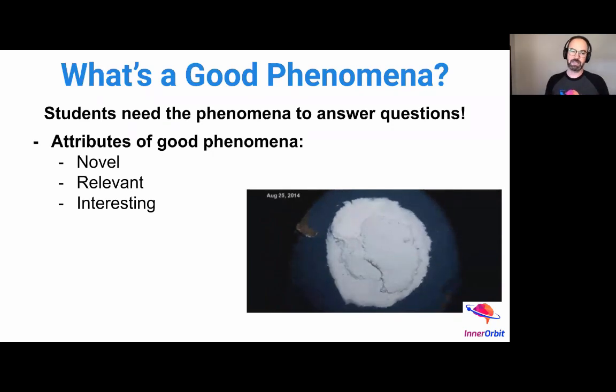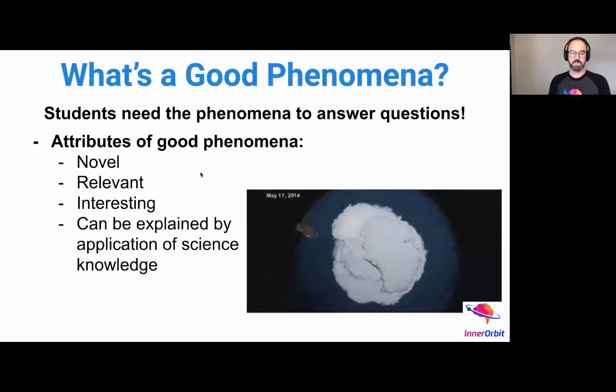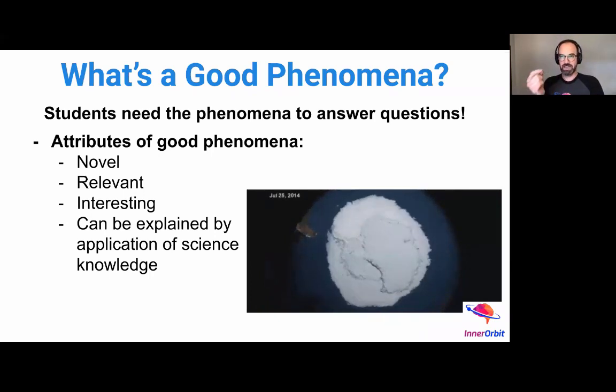It can be, as long as it's relevant and interesting, you're onto something good. And it has to be explained by the application of science knowledge. So finding phenomena is really important because we're looking to get your students an opportunity to apply what they've learned previously through the unit or series of lessons that you just went through. So you need to find a phenomena that can be answered by the application of knowledge.